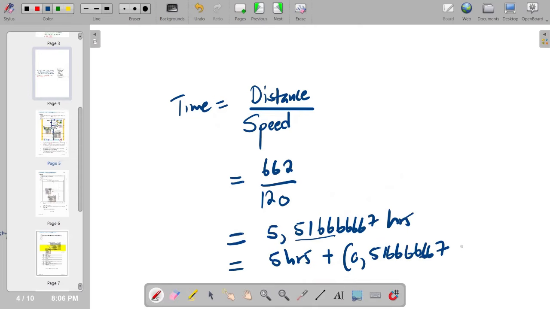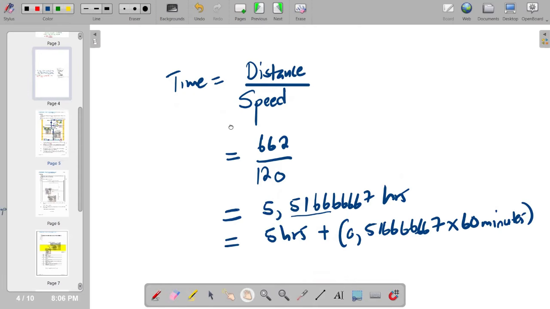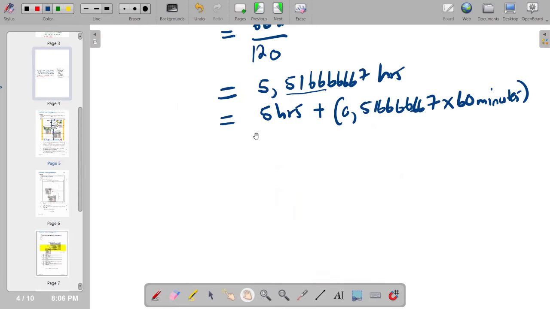And then we multiply by 60 minutes so that we convert the decimal to minutes. So we calculate like that. You see that when you calculate, you're going to get your answer is 5 hours 31 minutes.